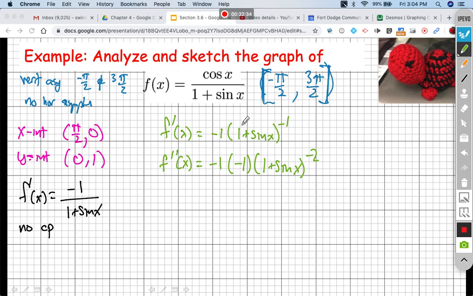But again, we have to chain rule this, times the derivative of sine of x. So that's times the cosine of x. So negative 1 times negative 1 is a positive 1. My second derivative is going to be the cosine of x over 1 plus the sine of x squared.